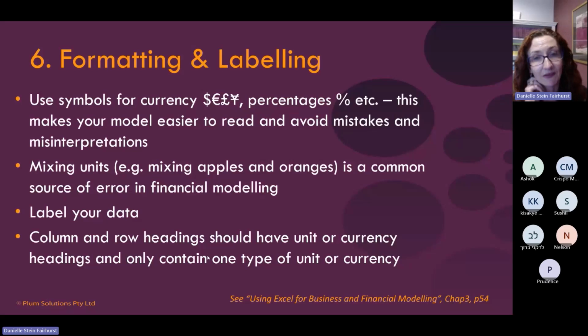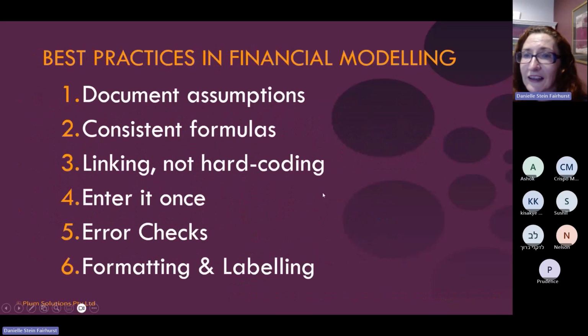That's a really common source of error. So always have labeling: row and column headings should have one unit or one type of currency. That's pretty much it in terms of my best practices in financial modelling.